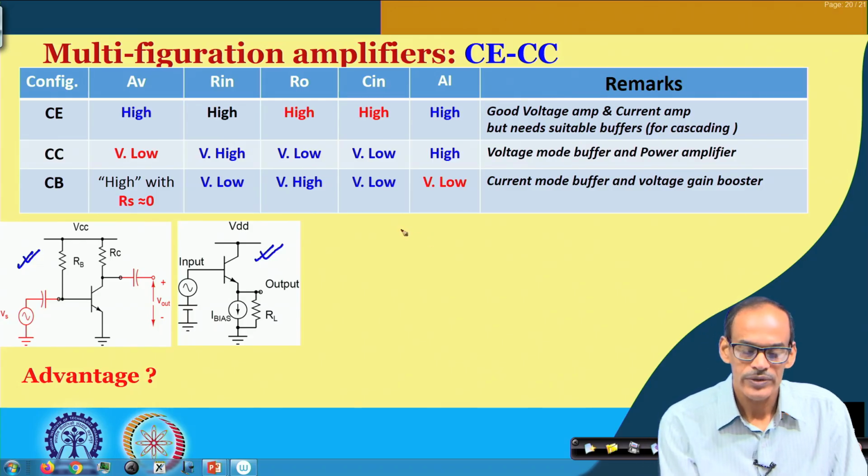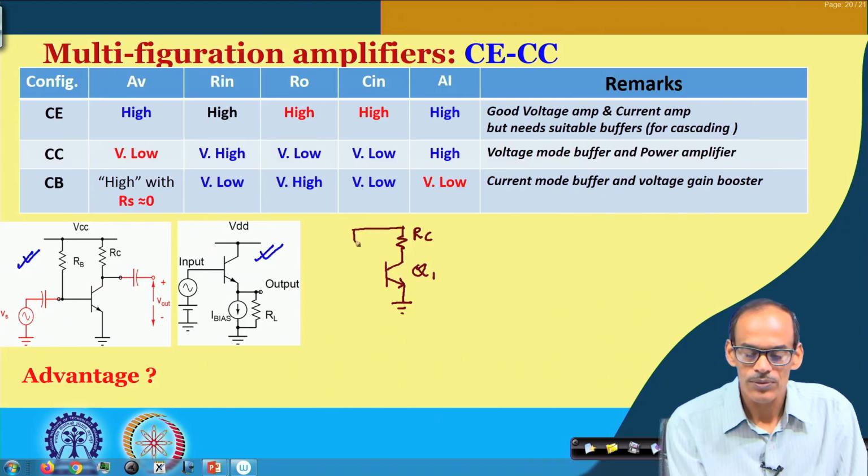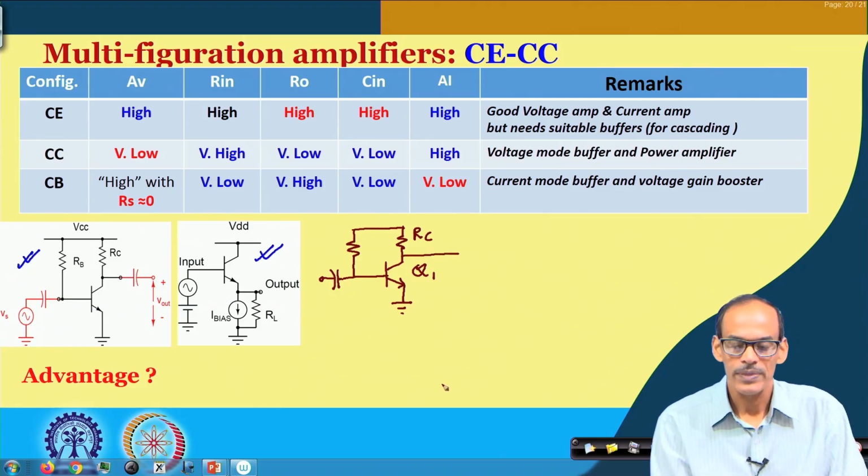So, we have the first transistor, Q1 here, and its corresponding RC. For simplicity, I am not putting any emitter degeneration, we are using a fixed bias configuration, and then we are feeding the signal here. And then this output goes to the CC stage.